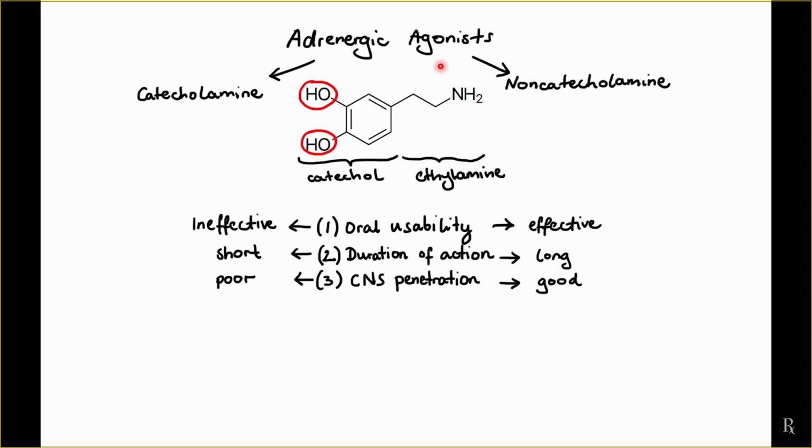So this is the chemical structure of adrenaline, and the difference between the catecholamines and non-catecholamines is that catechols are orally ineffective, the duration of action is short, and they have poor central nervous system penetration.